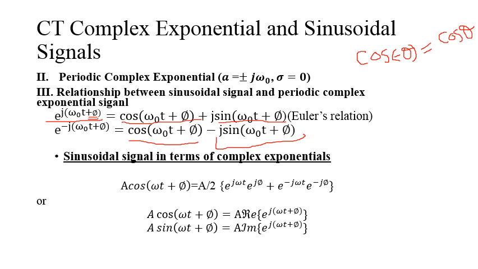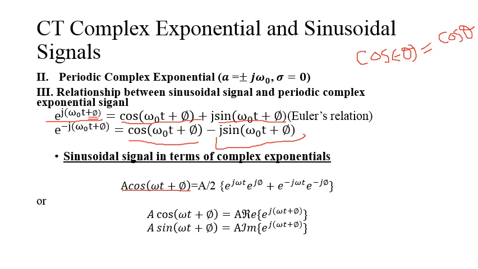Similarly, like we can express a complex exponential signal in terms of sine and cosine, we can represent sine and cosine, which we generally call the sinusoidal signal. So a complex exponential signal can be expressed in terms of sinusoidal signals, and that means we can also express a sinusoidal signal in terms of complex exponential signals.